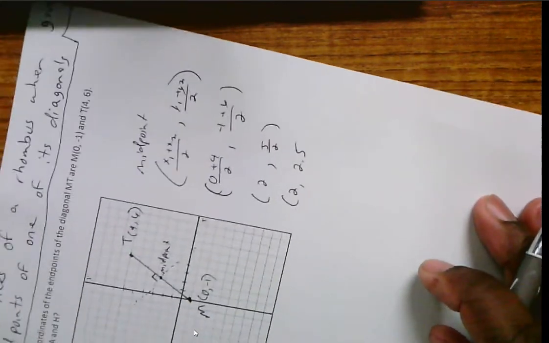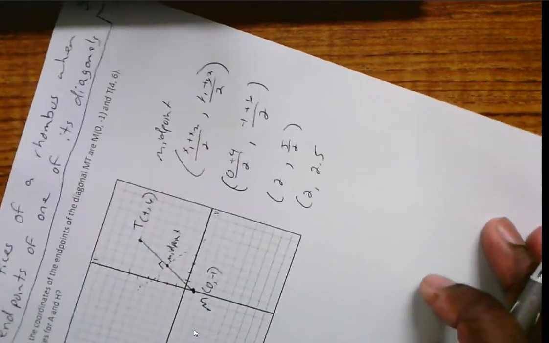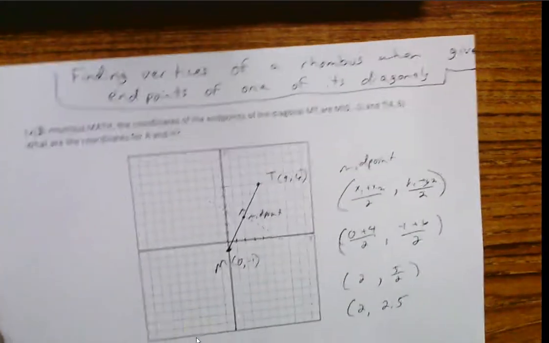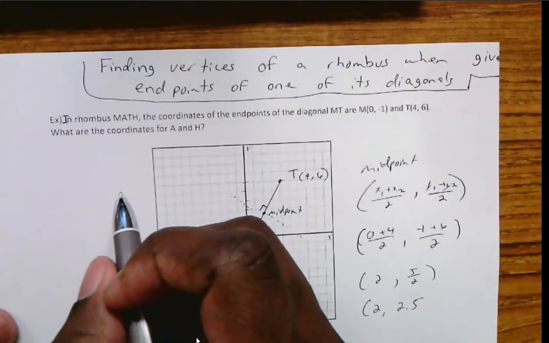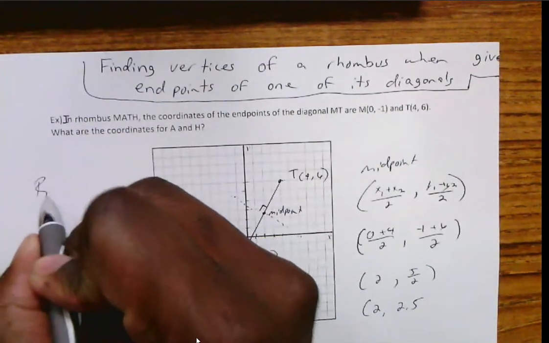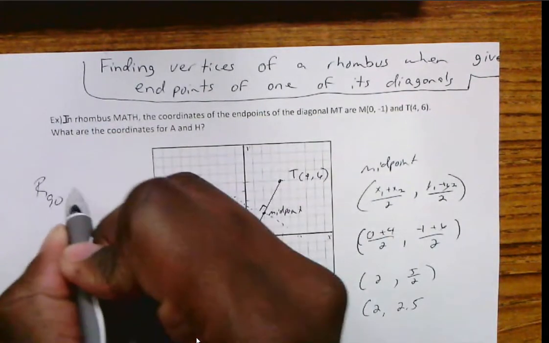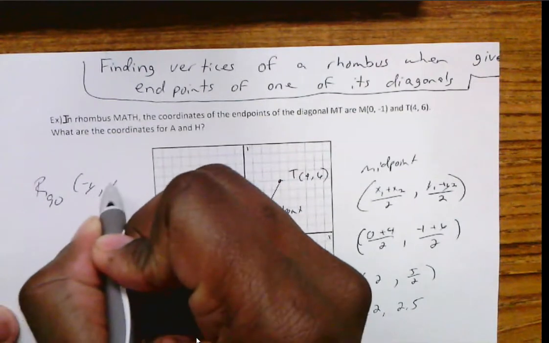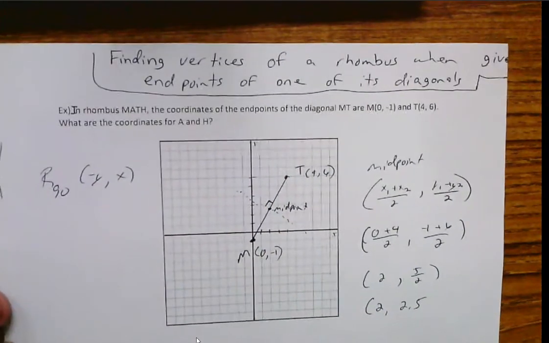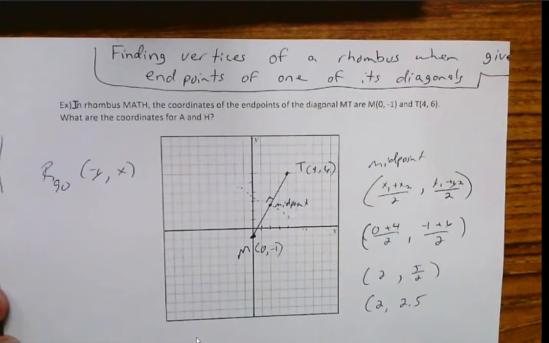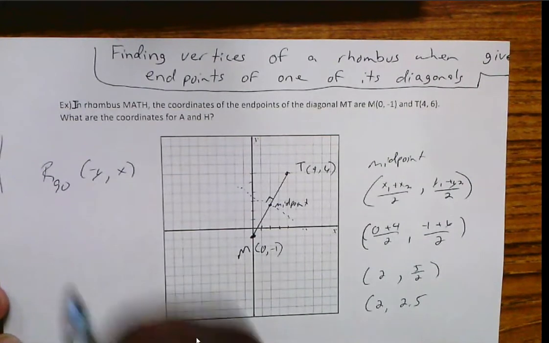It's kind of hard to visualize what would be 90 degrees there. So because of that, the rotation formula for 90 degrees counterclockwise is (-y, x). That's how we rotate a point 90 degrees counterclockwise about the origin.